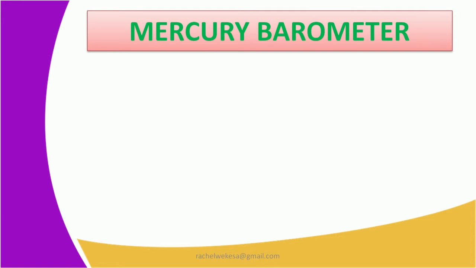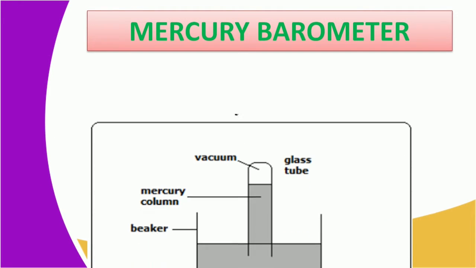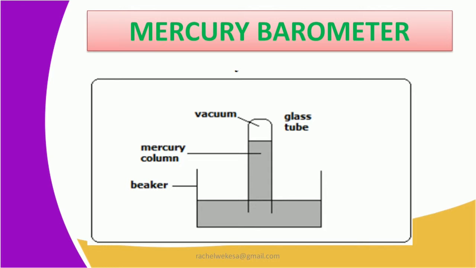This is a mercury barometer, the barometer that is used in measuring atmospheric pressure. In this image we have a basin and a tube, and it has been filled with mercury. That is the gray part of the image.